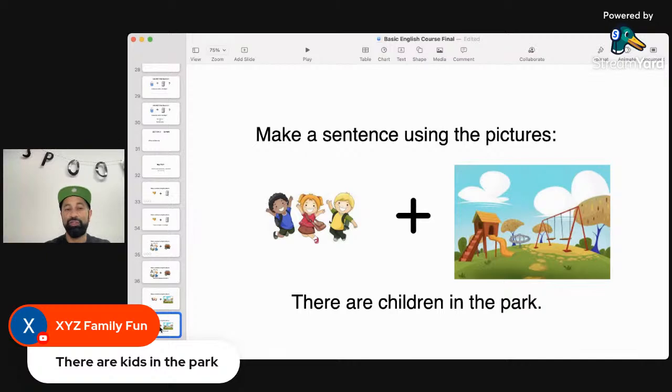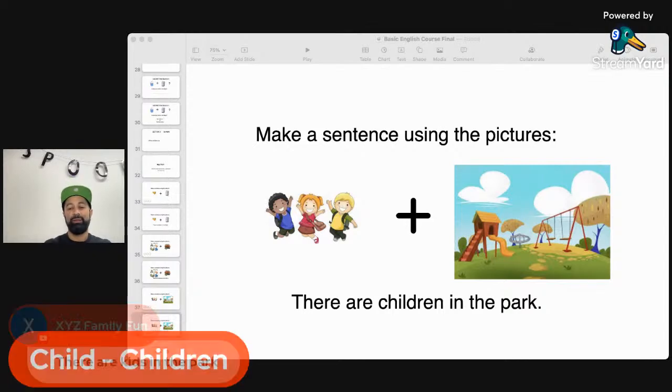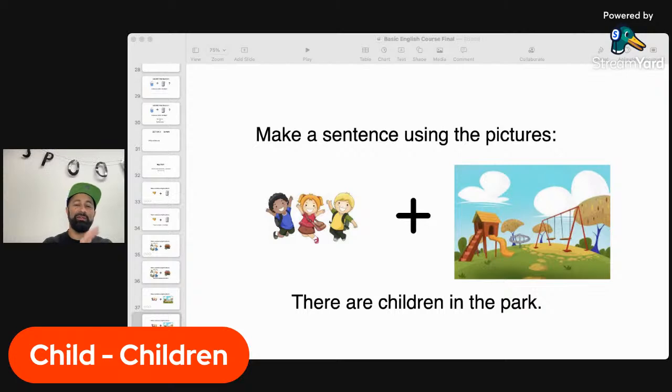I put the answer children here because it's a very unique noun. The singular of children is child, and the plural is children. Now, this is interesting because the plural will not have an S. Usually, if we want to make a noun plural, then we add an S, right?